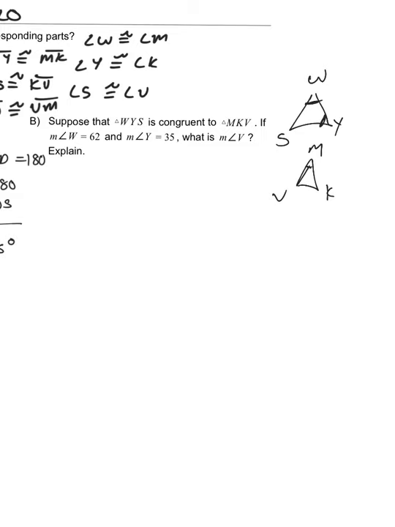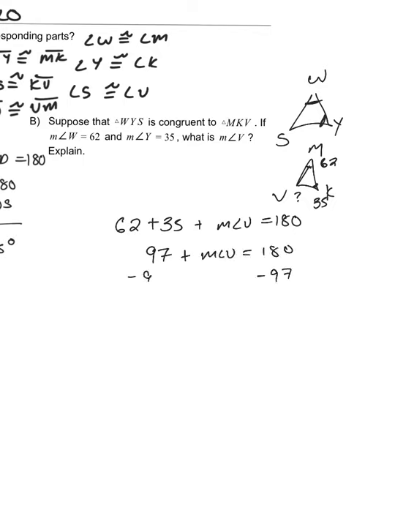So M is 62, K is 35, and we don't know V. So we can use the triangle sum theorem, 62 plus 35 plus the measure of angle V equals 180. 62 plus 35 is 97 plus the measure of angle V. Now we just have to subtract 97 from both sides, and the measure of angle V is 83.